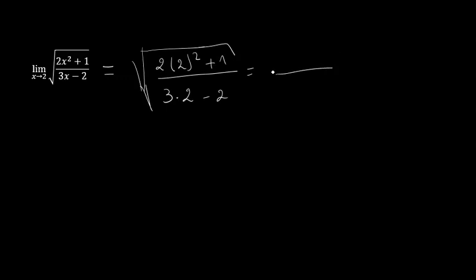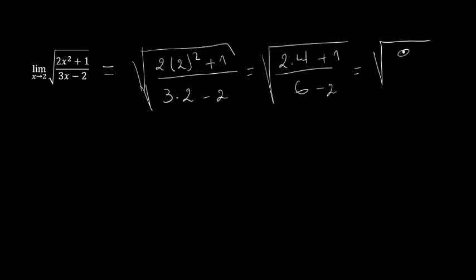This is equal to what? 2 squared is 4. 2 times 4 plus 1 over 3 times 2 is 6 minus 2. It will give us 2 times 4 is 8 plus 1, it's 9, over 6 minus 2, which is equal to 4.